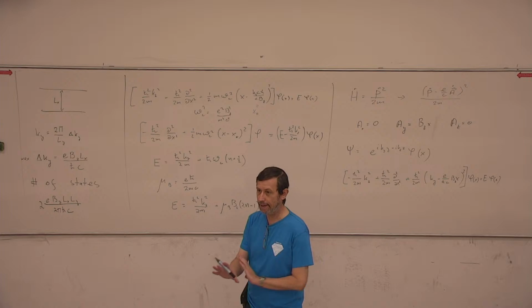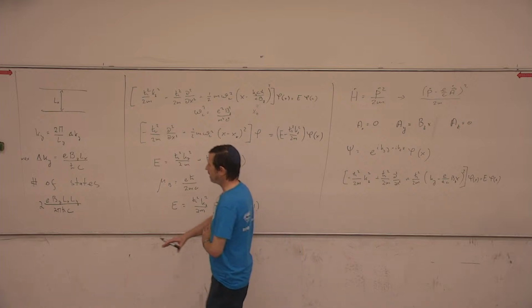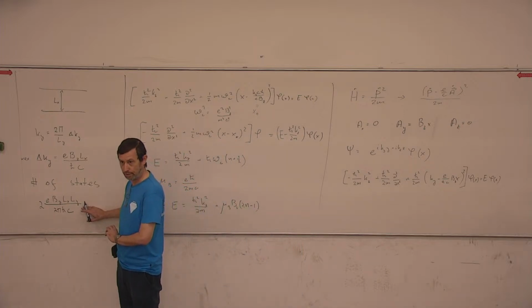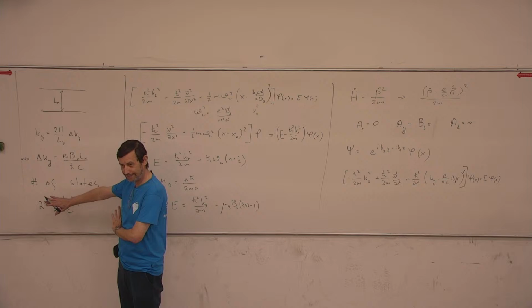I still haven't said it's an integer number. But I do say that I can estimate the number of states. Look, we couldn't have 3.4 states. We could. I didn't yet say that.